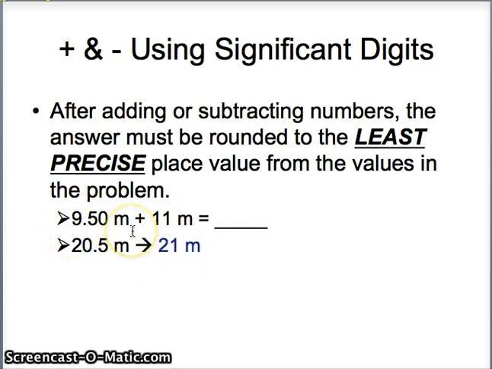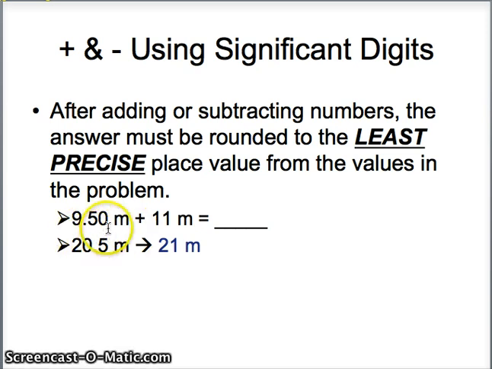Term 1 is 9.50, term 2 is 11 meters. You need to look at the big bold thing here, least precise place value. When we talk about precision, it is the number of digits carried out as far as you can to the right.